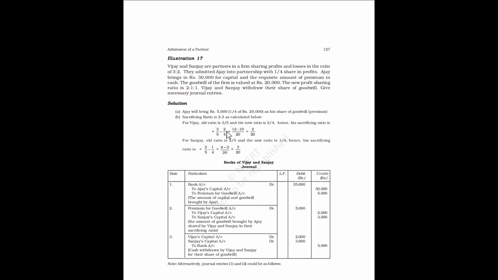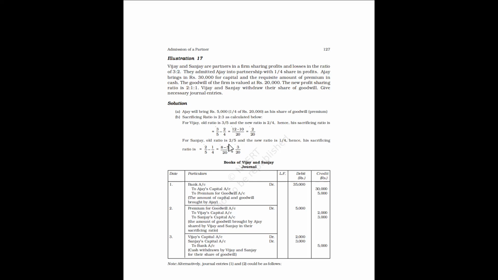The same way, 2/4 into 5/5: 5 2s are 10, 5 4s are 20. Now 12 minus 10 divided by 20, so you will get 2/20.